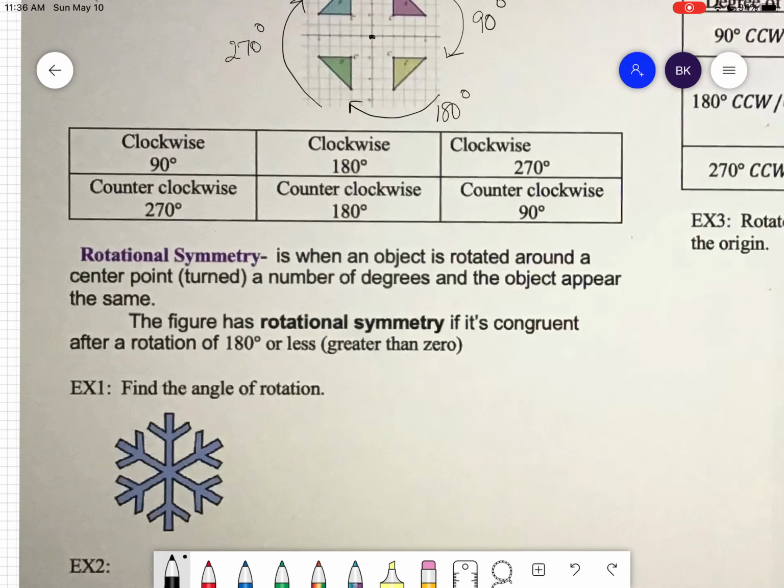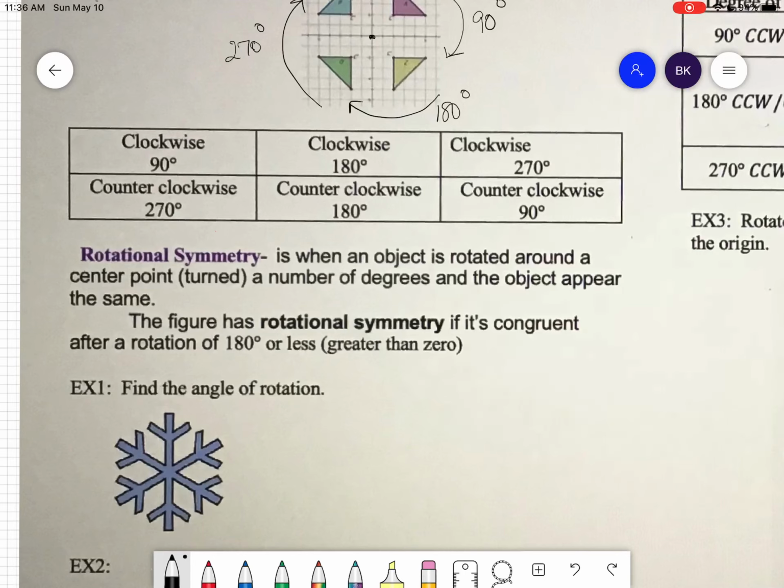Before we jump to that, let's talk about rotational symmetry. Some shapes have rotational symmetry, some shapes don't. Rotational symmetry happens when the object is rotated, or turned about a center point a number of degrees, and the object appears the same after that rotation.